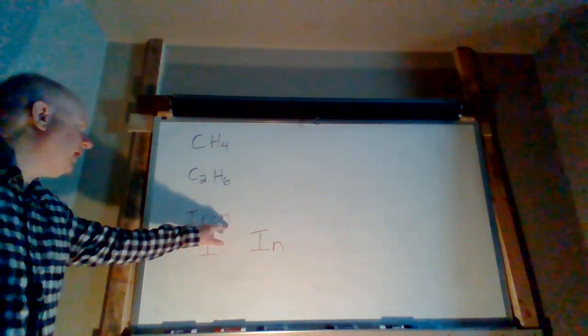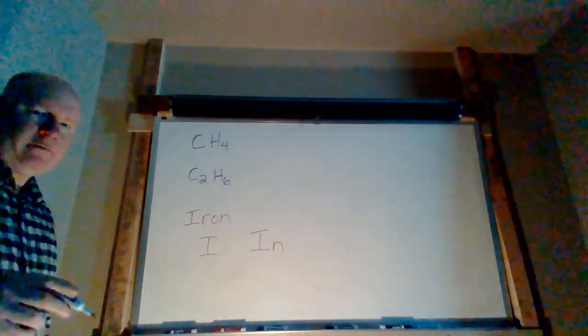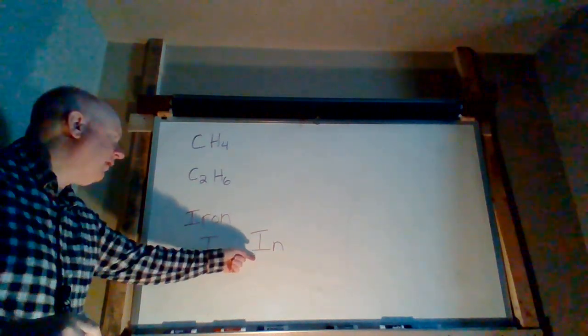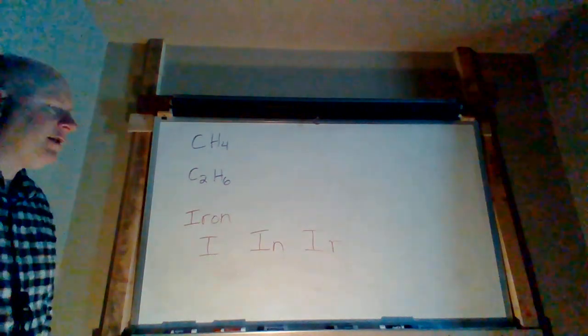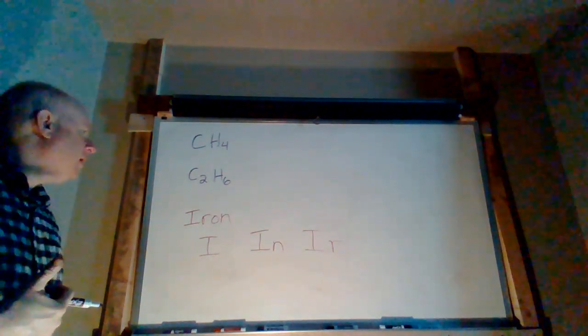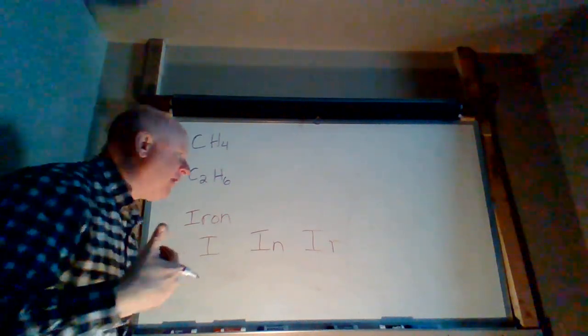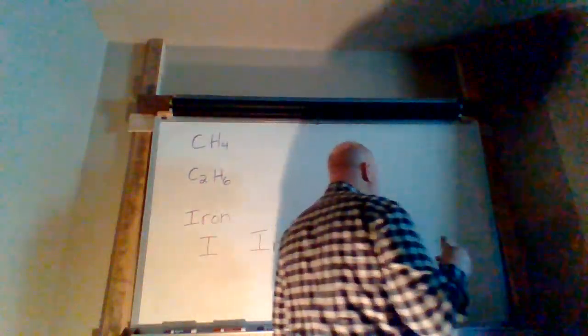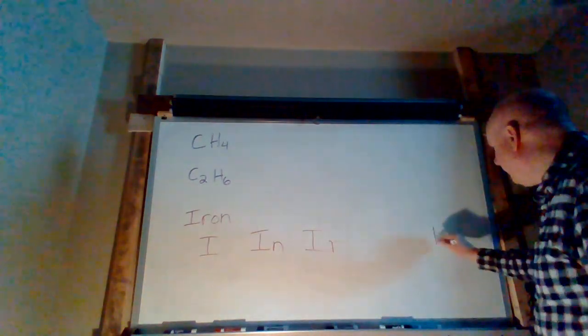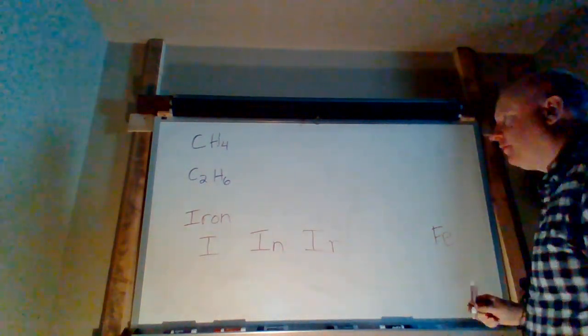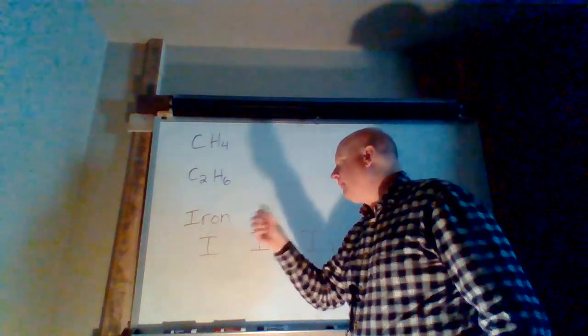It starts with I and ends in N. That's got to be the symbol for iron. Of course, no. That's not the case either. That's indolium. Well, if it has an I and an R in it, this must be the symbol for iron. And that's not the case either. That's iridium. So as you've been following along, you're probably telling yourself, we already know what the symbol for iron is. It's F and E. And of course, there is no F and E in this name.